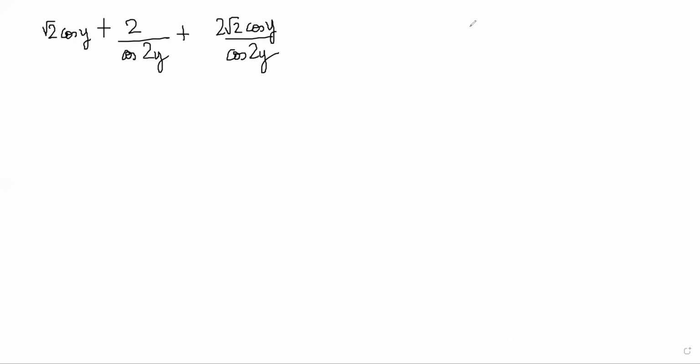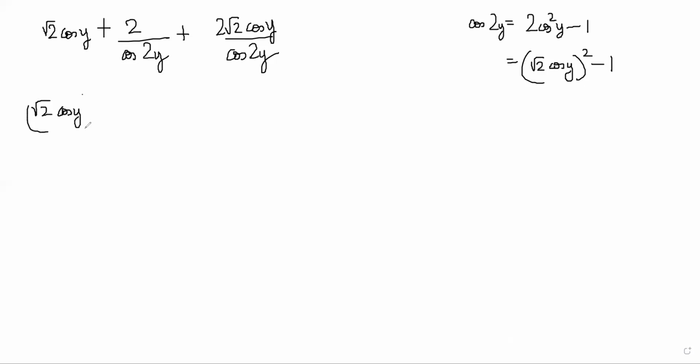So cos 2y I know is 2 cos square y minus 1, so that is root 2 cos y whole square minus 1. The whole thing can be written in terms of this variable, root 2 cos y.